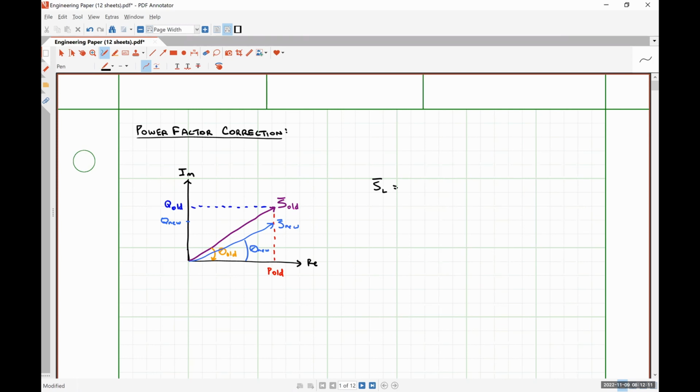It's going to be the magnitude of the voltage, so V effective squared divided by negative j omega L. So the negative j is going to come out as positive j over here. And this is also the same as j omega L times I effective squared. So inductors absorb reactive power.